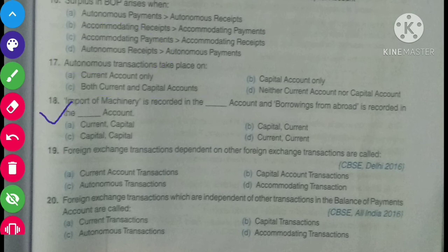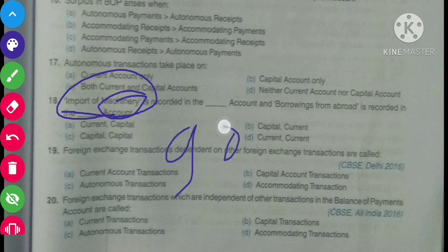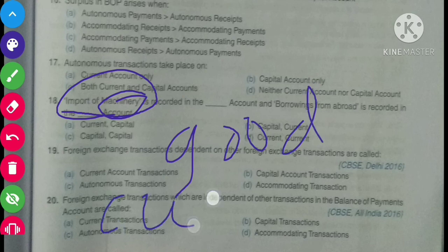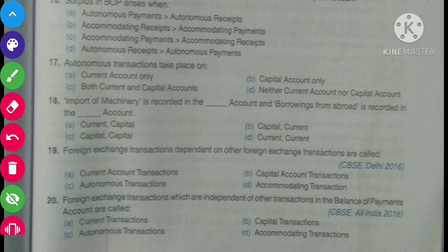Import of machinery is recorded on dash account and borrowing from abroad is recorded on dash account. Here import of machinery means machinery means goods. So it will be on current account. So we are importing, so we have to pay in exchange of machinery.